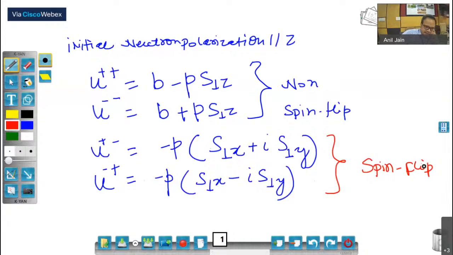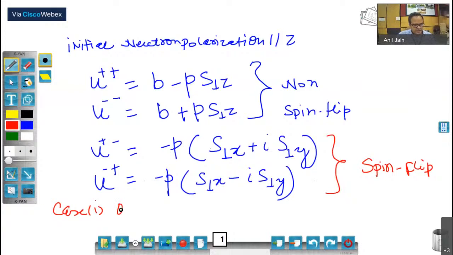Now let's take a system and assume that Q, your scattering vector, is in the direction of the initial neutron polarization. Let's start with case 1.